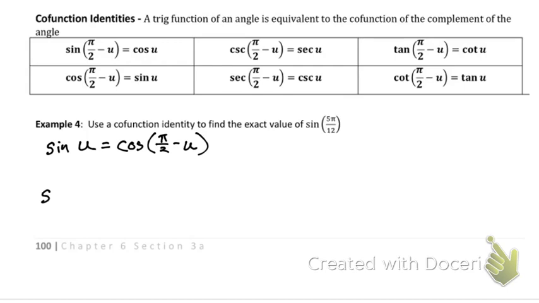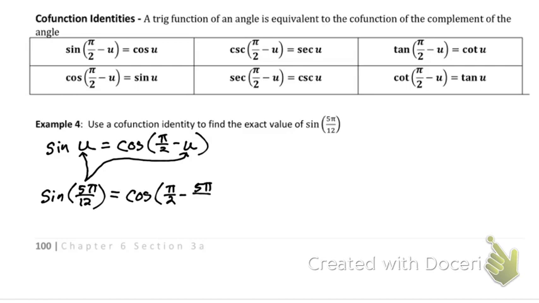We were given sine of 5 pi over 12, so that means I'm replacing u with 5 pi over 12. So we're going to replace it here too. So sine of 5 pi over 12 is going to be equal to cosine of pi over 2 minus 5 pi over 12.